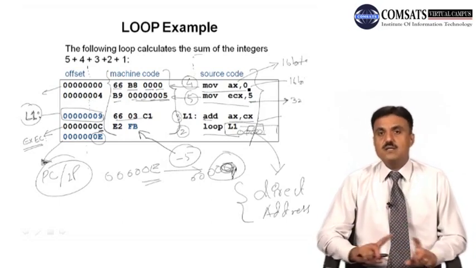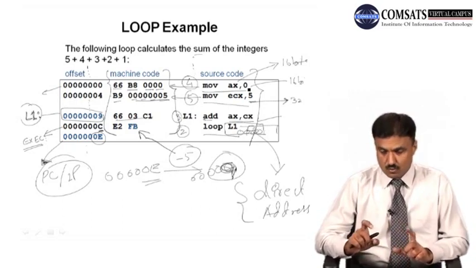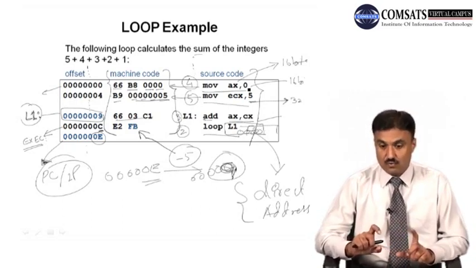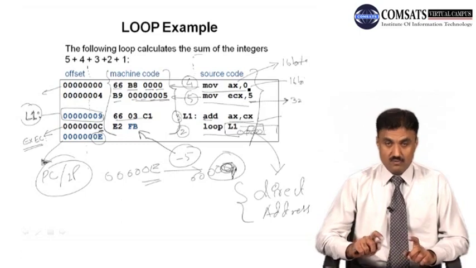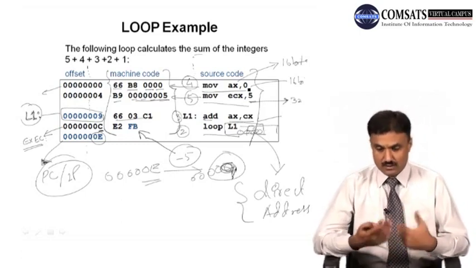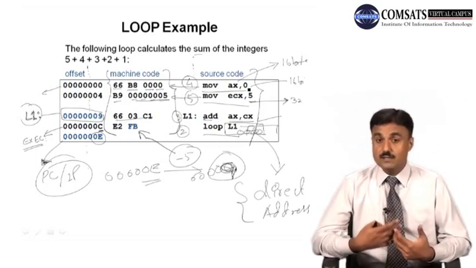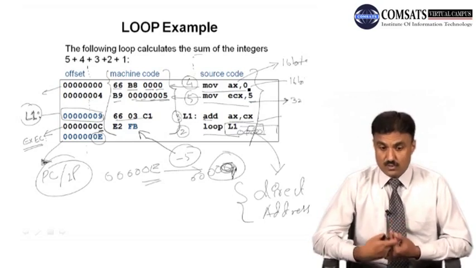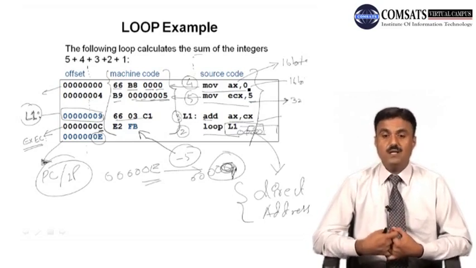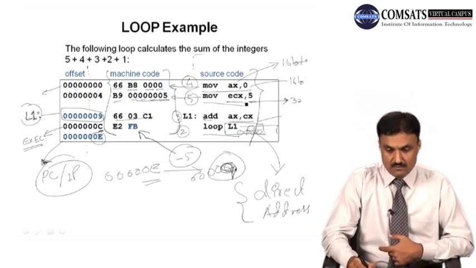Now we are going to discuss what the output of this code will be, these 5-line or 4-line code. Previously we were continuously discussing the flow control and the logic. Now we are going to discuss what operation is performed by the loop example. Here you can see ECX is equal to 5.